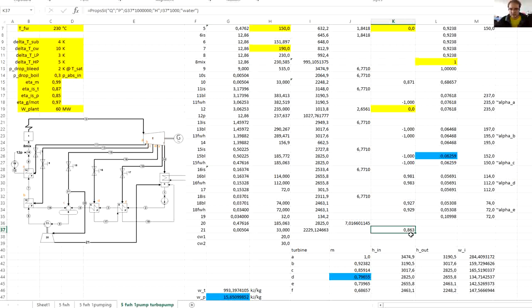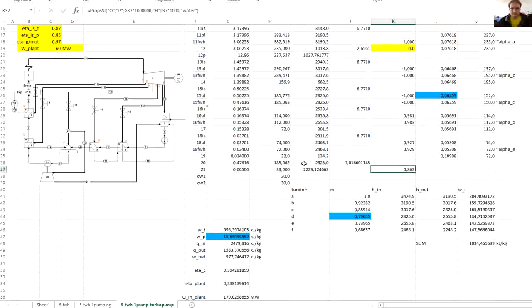And we can see that the outlet quality is 0.86. Okay, now we have the inlet and outlet enthalpy of the turbine, and we will need to write the equation for the turbine power output, which is the same as the pump power input, to get the mass flow rate through the turbine.